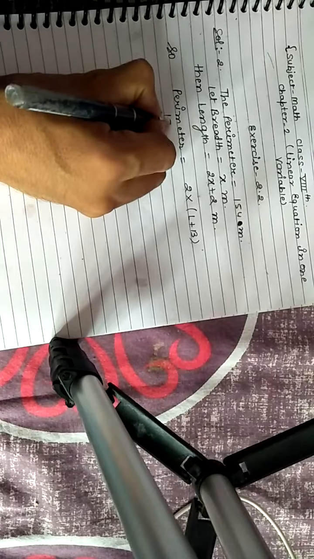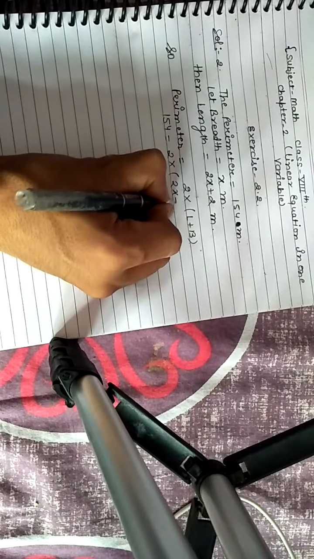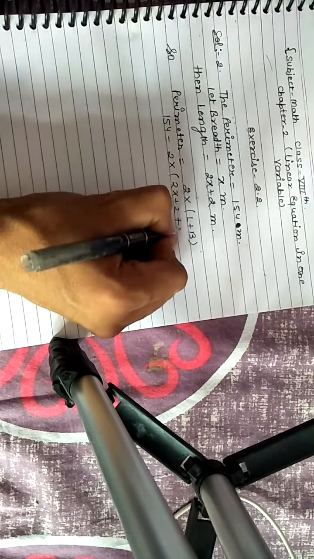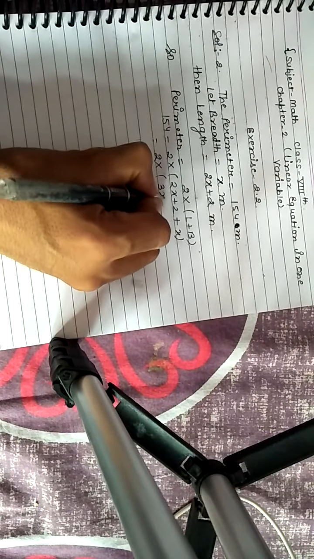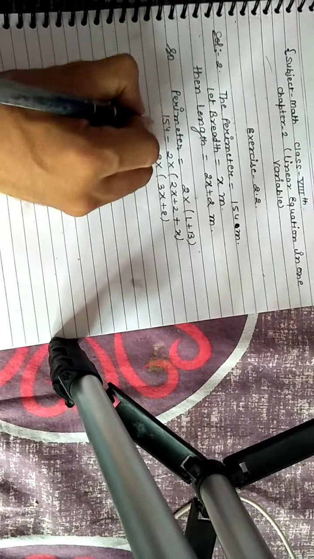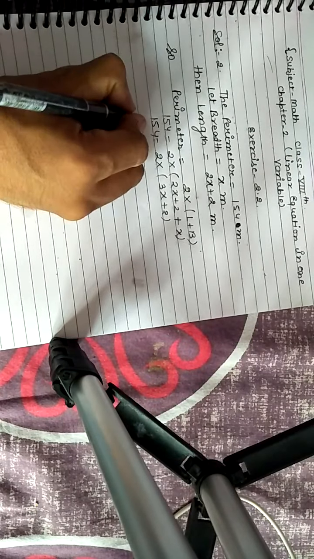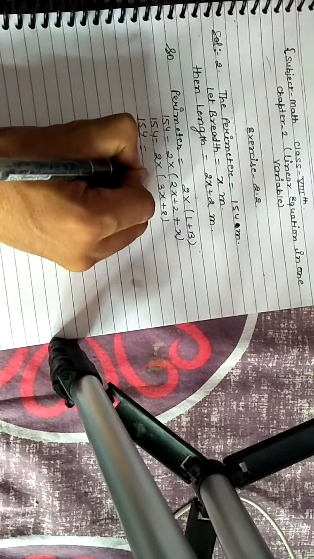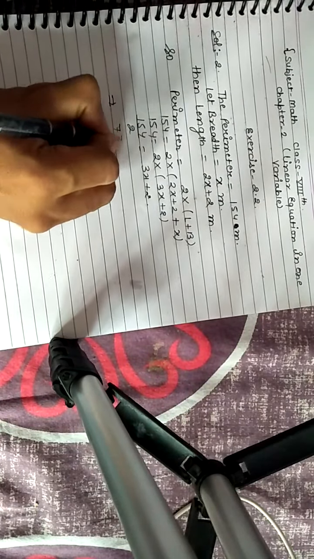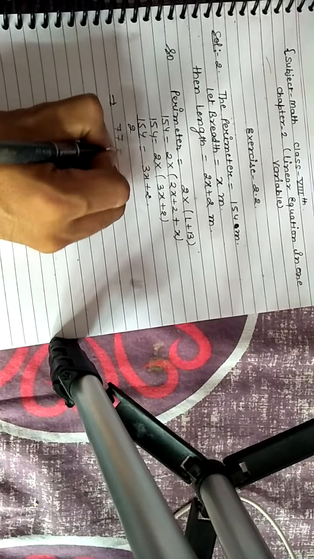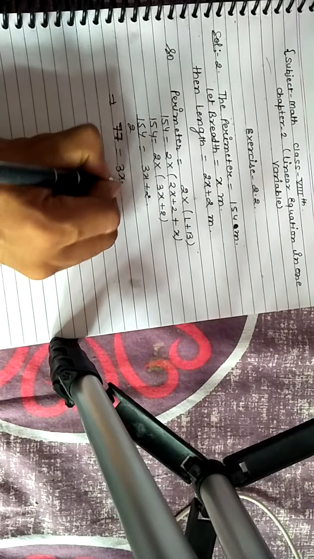So here 154 equals 2 multiplied by (2x plus 2 plus x). So this becomes 3x plus 2. Now this 2 will be divided: 154 divided by 2 and 3x plus 2. 154 divided by 2 comes 77, equals 3x plus 2.